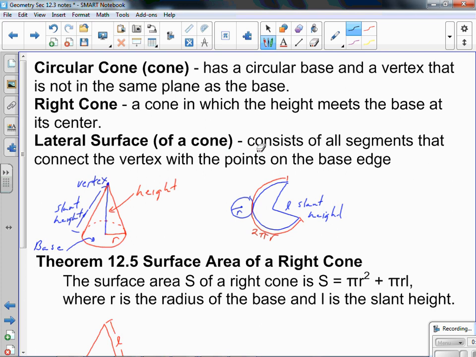Lateral surface of a cone consists of all segments that connect the vertex with the points on the base edge. So basically, that's all the segments that would join the vertex to the circumference of the circle. If you draw enough segments in there, eventually you have a solid surface. Right?